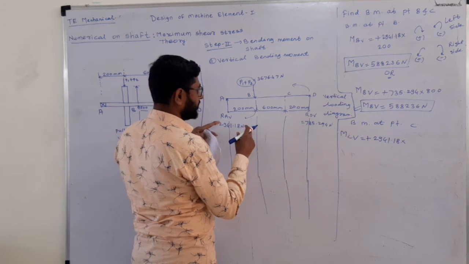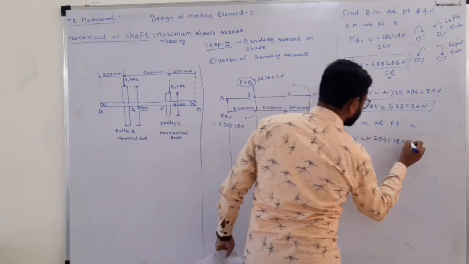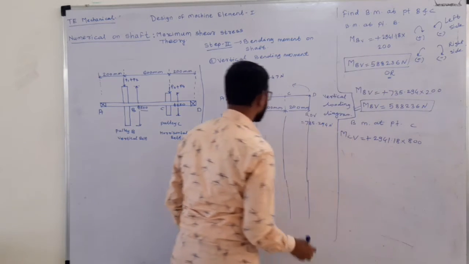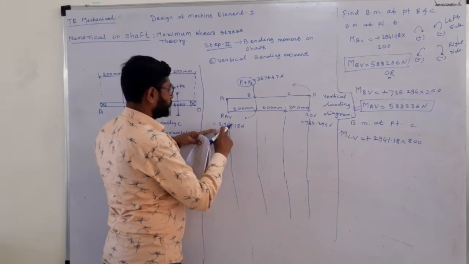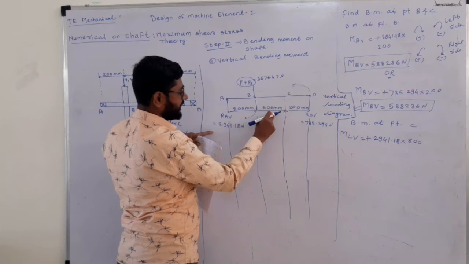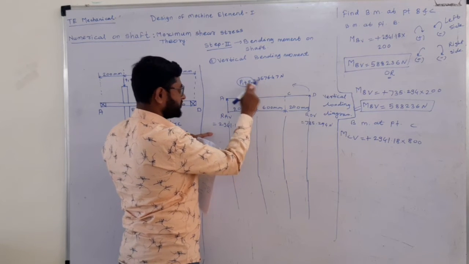between point C and A, it is 800, plus 2941.18 into distance 800 mm, and one another force is there.